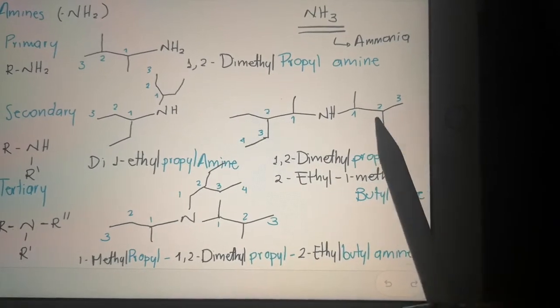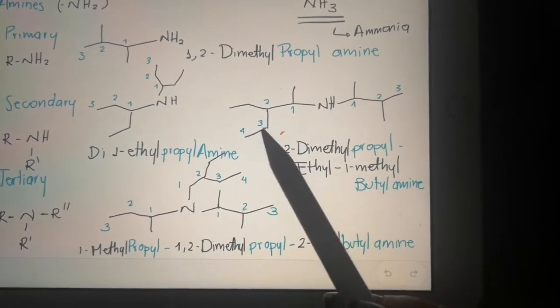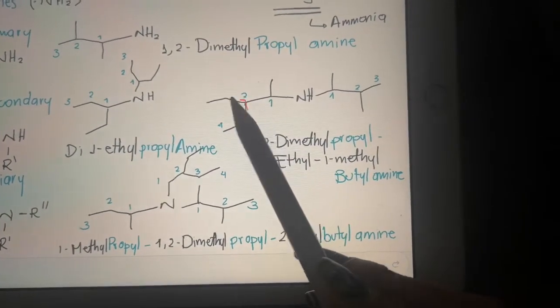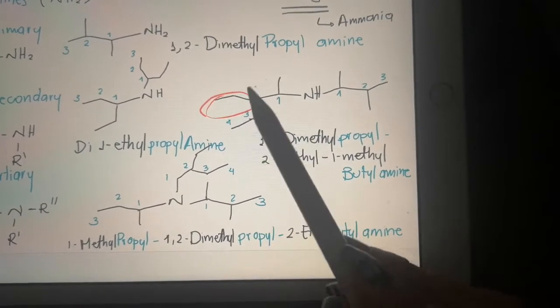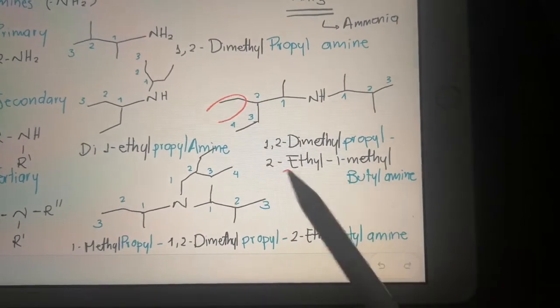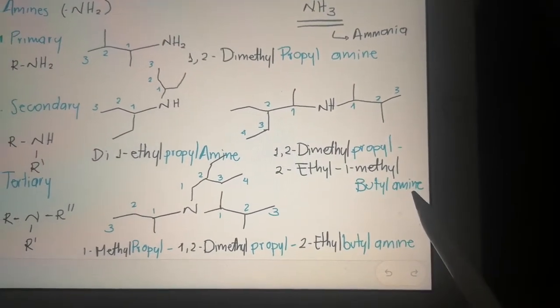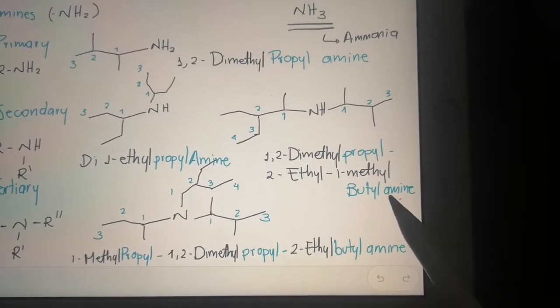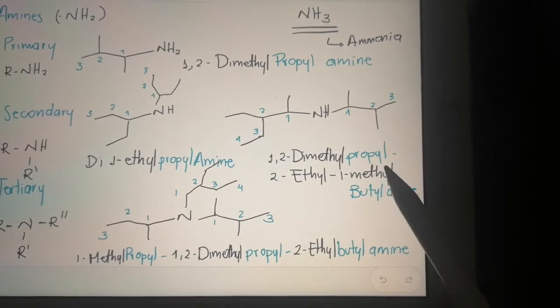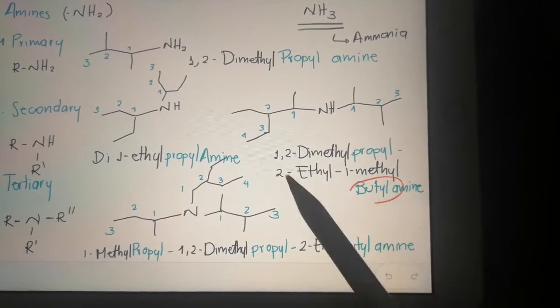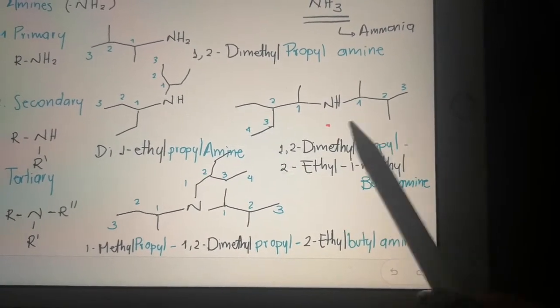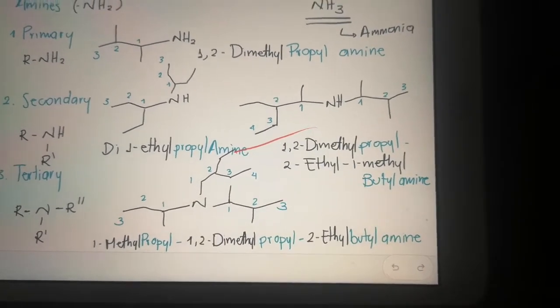And after that we pass to the other one. So in this case, in carbon number 2 you have an ethyl, 1 methyl, butylamine, okay? You can never start here with butyl, because here you start with the shortest and after that the longest.